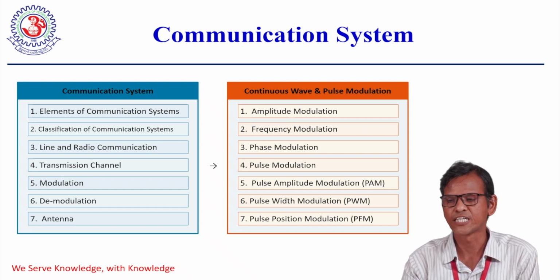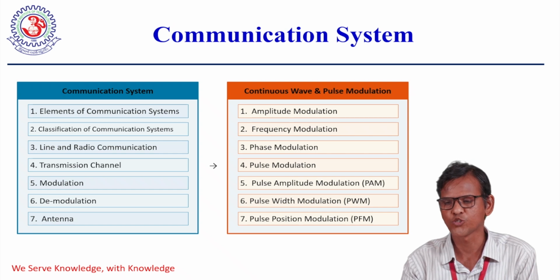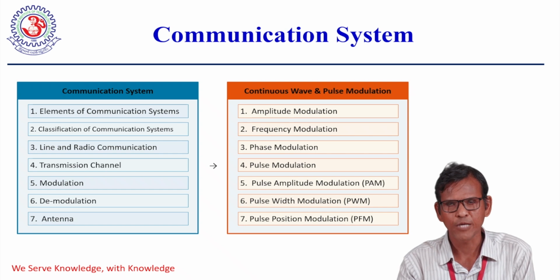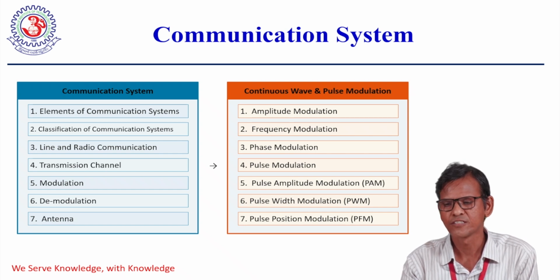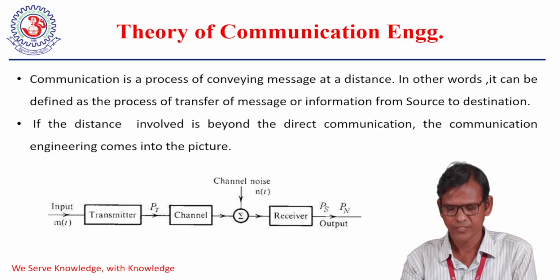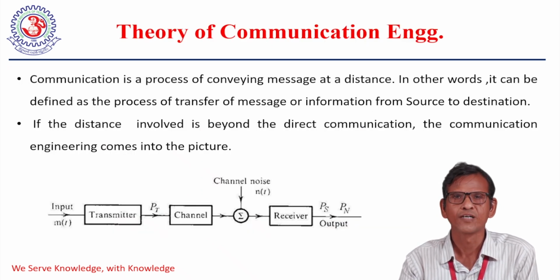In this we will read continuous wave and pulse modulation: amplitude modulation, frequency modulation, phase modulation. One more type is pulse modulation, in which we will read about pulse amplitude modulation, pulse width modulation, and pulse position modulation.